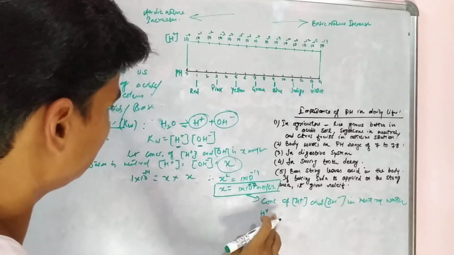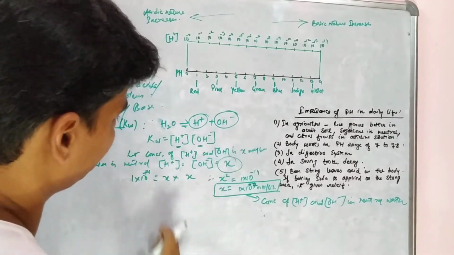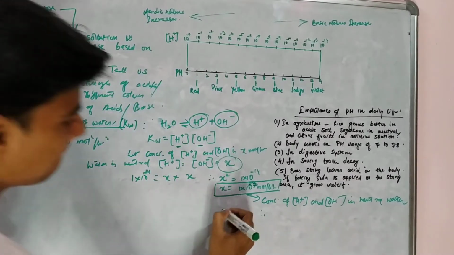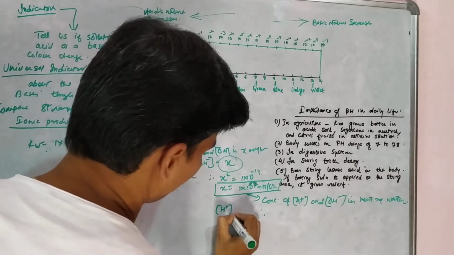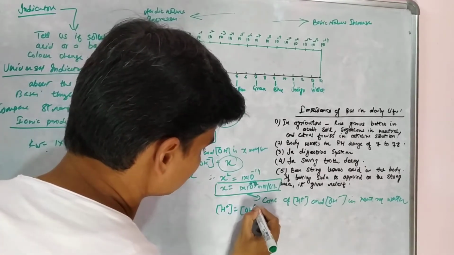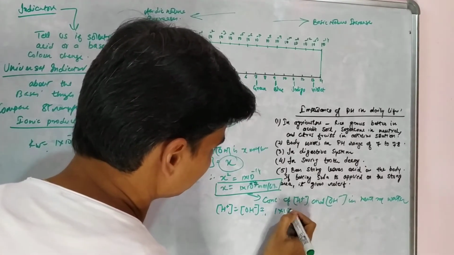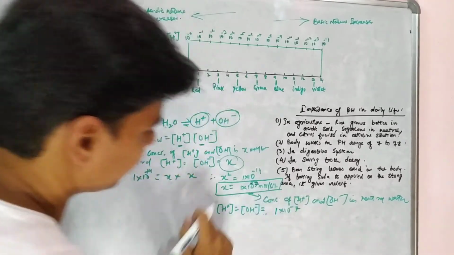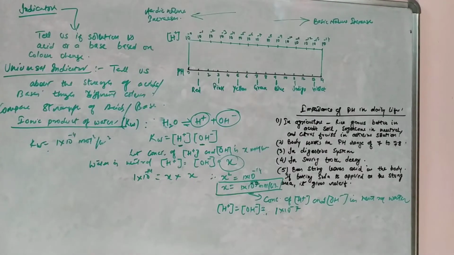If we substitute the value of X here, we get hydrogen ion equal to hydroxyl ion equal to 1 into 10 to the power of minus 7.